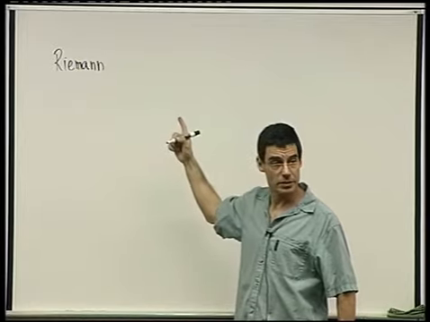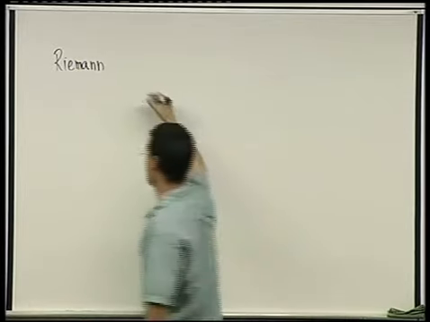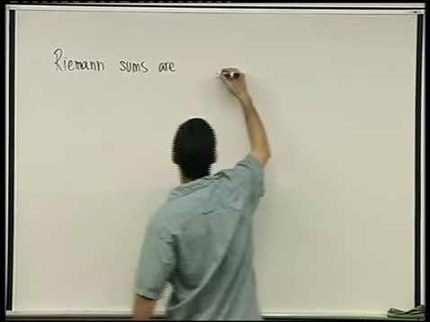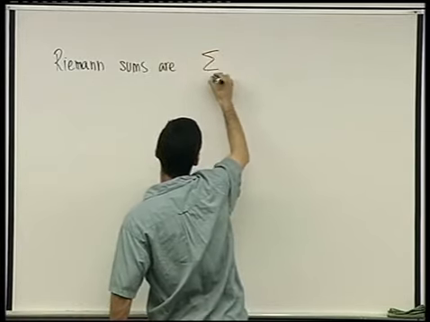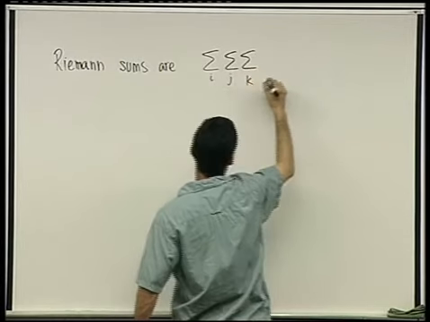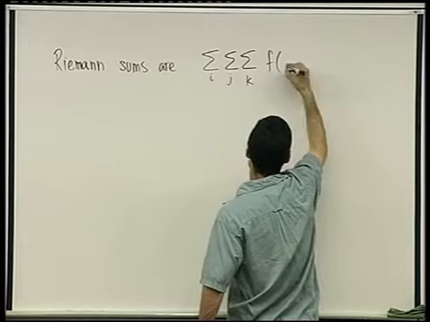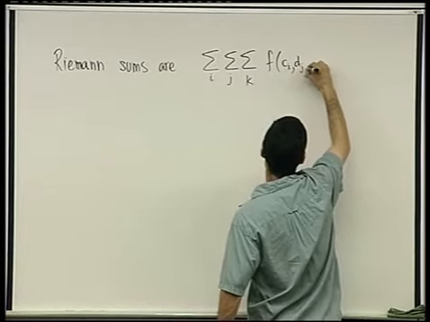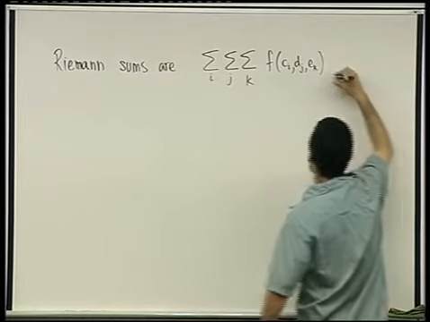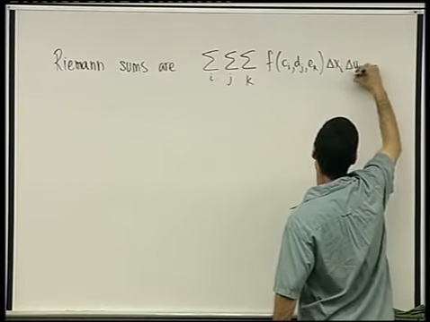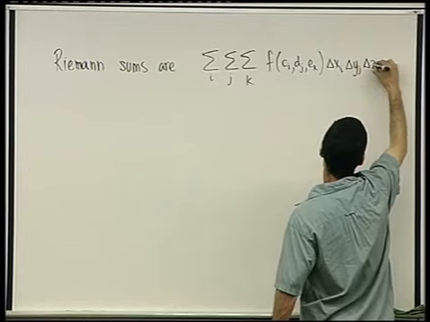Is this correct? Okay. So Riemann sums are now of the form sum over i, sum over j, sum over k, f evaluated at sample points ci, dj, ek, times delta xi, delta yj, delta zk.